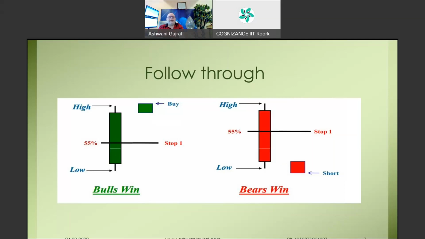Plus, you add to winning trades. So that is how you skew the system in your favor. Hitting of stops is very normal. One thing I would like to caution you today, some of you may probably go further and make a career in trading and technical analysis.